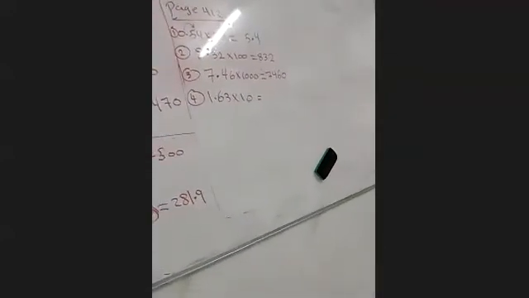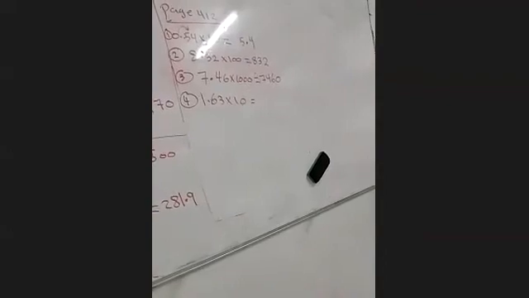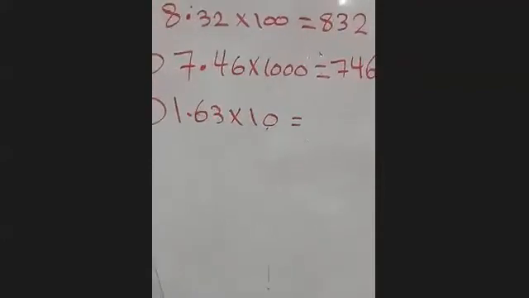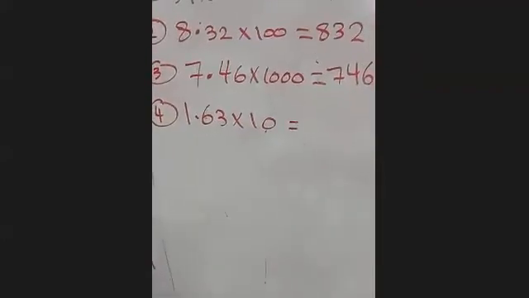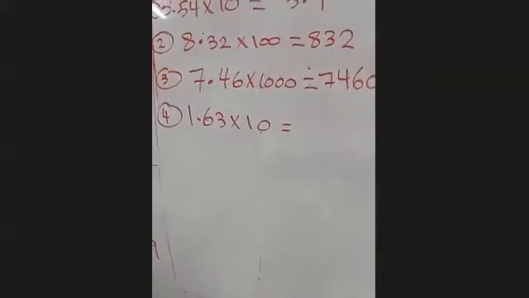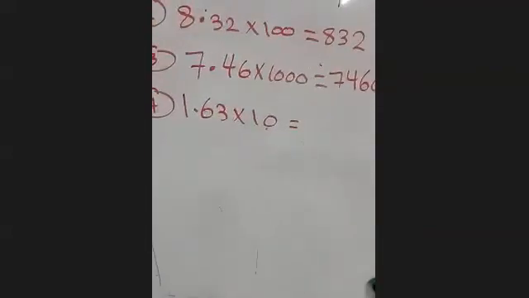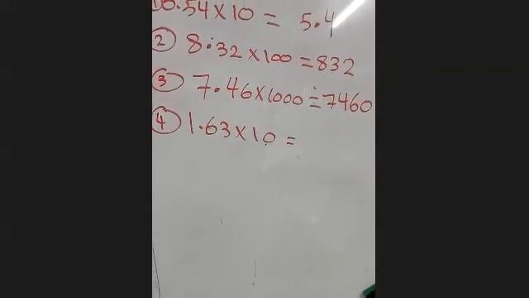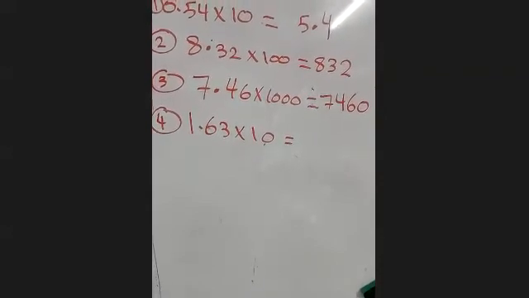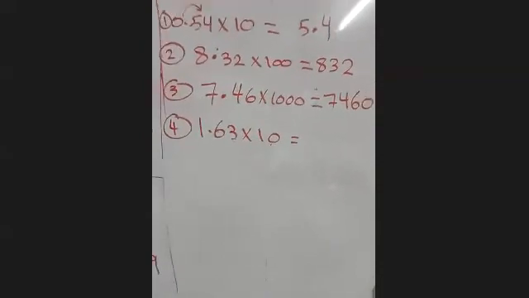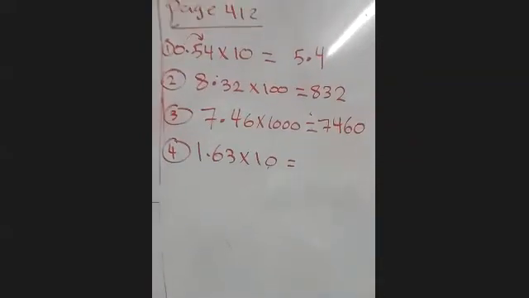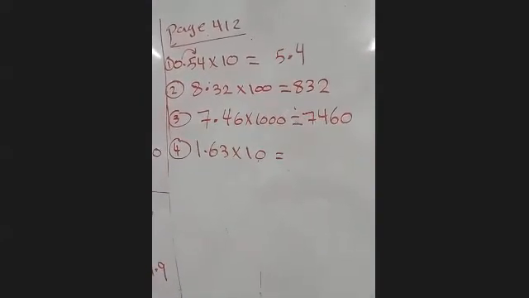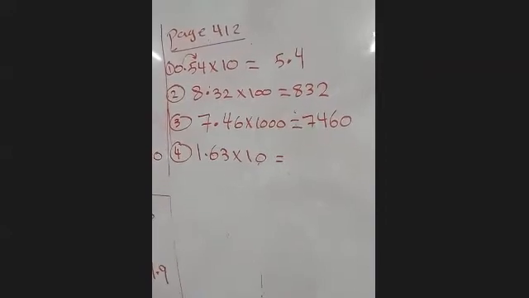Question number 4: 1.63 multiply 10. What will I do here? First we will put 163 and we will put 0. Why will we put 0?